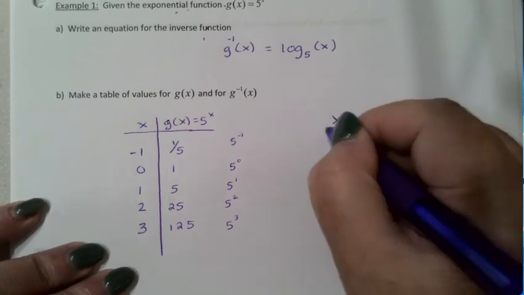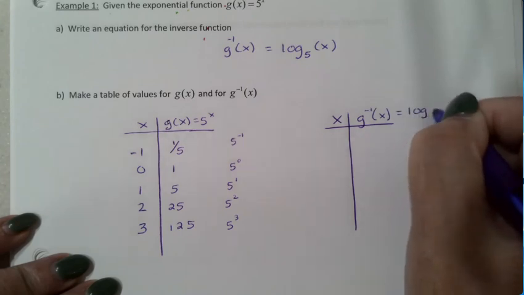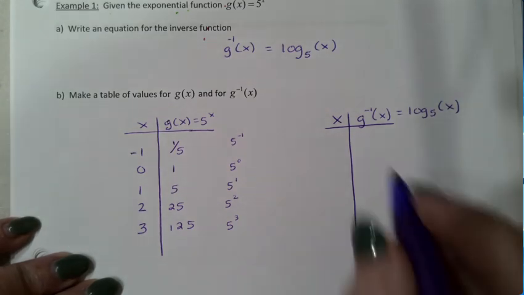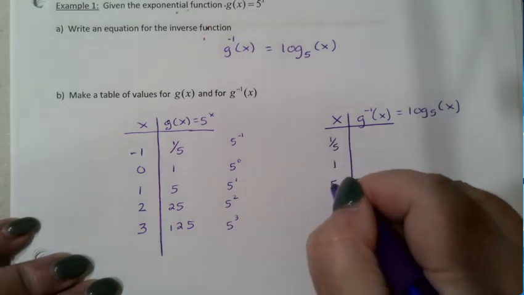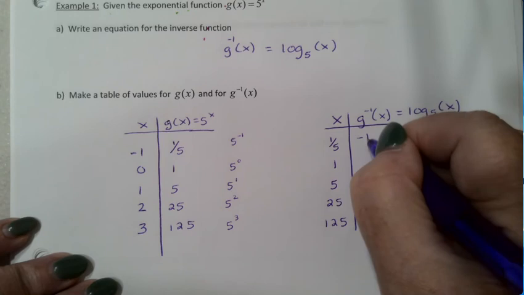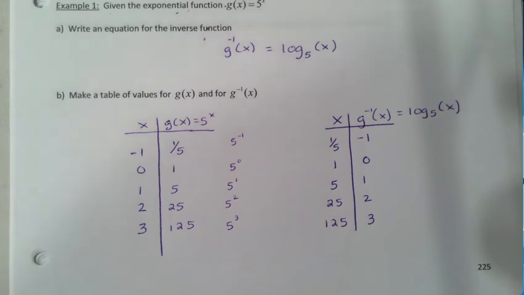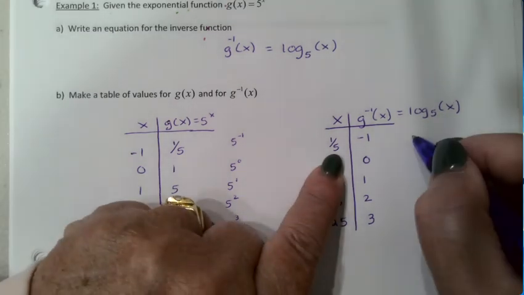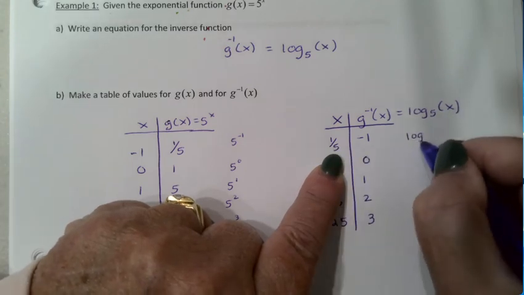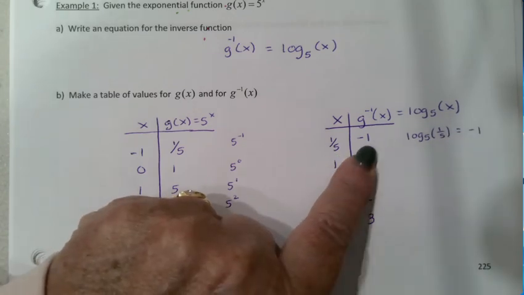All right, let's make a table of values for the inverse, the logarithm base 5 of x. So I'm going to switch my x's and y's. And so what I'm now saying here, if I rewrite in that logarithm notation, is when I plug in an x of 1/5, the log base 5 of 1/5 is equal to -1.